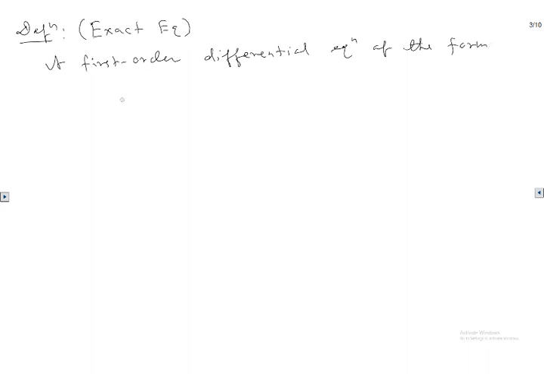There are some special terms that we use. We're going to say M is a function of x,y, dx plus N, a function of x,y, dy. This order matters because we use this order in the formula. So we start with M and then dx, and there's a plus sign, and then N dy equals 0. So that's the special form.